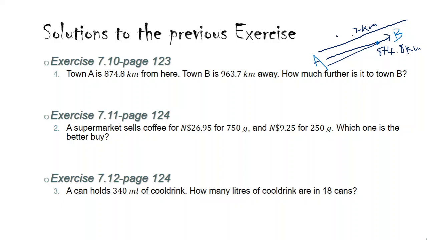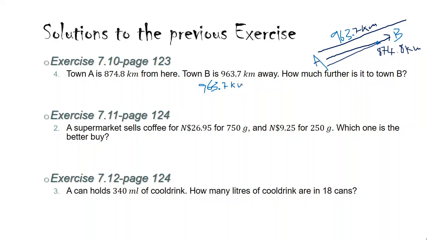So what you can do here is subtract. You take 963.7 kilometers minus 874.8 kilometers.